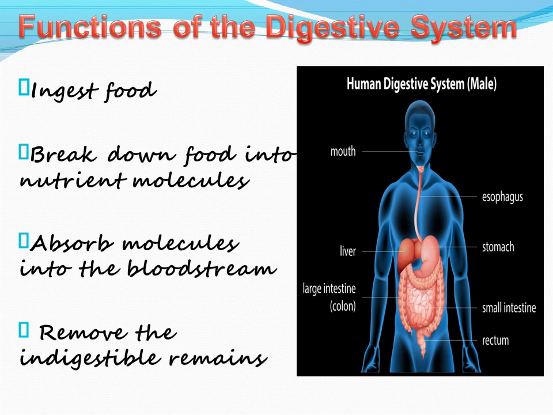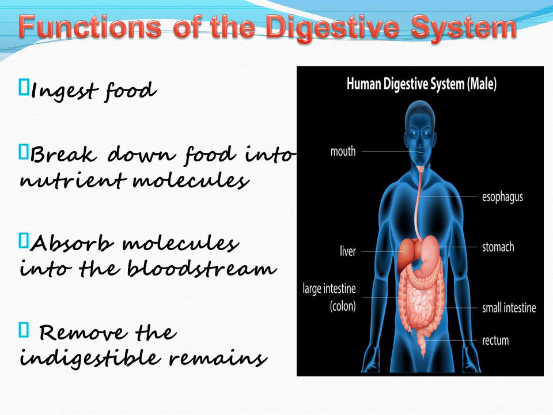There are four major functions of this digestive system. The first one is ingestion of food. The intake of food through our mouth into our body is called the ingestion of food.